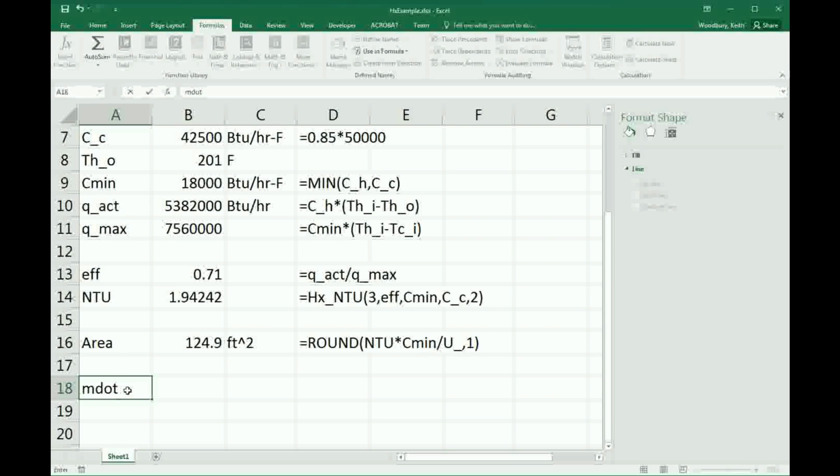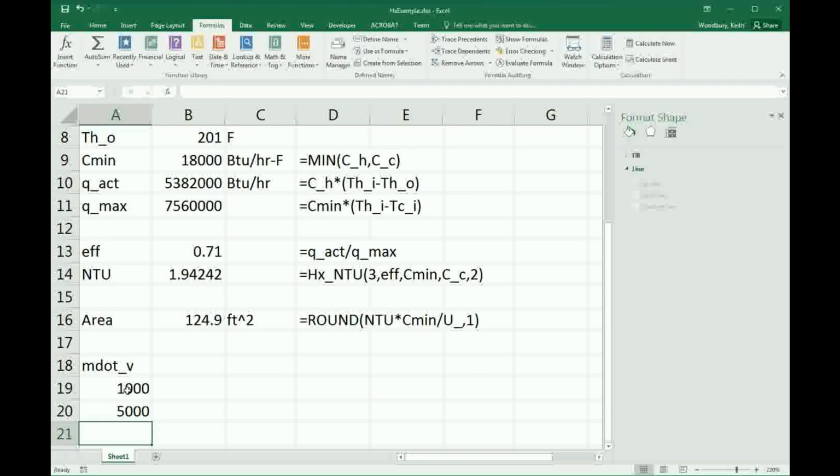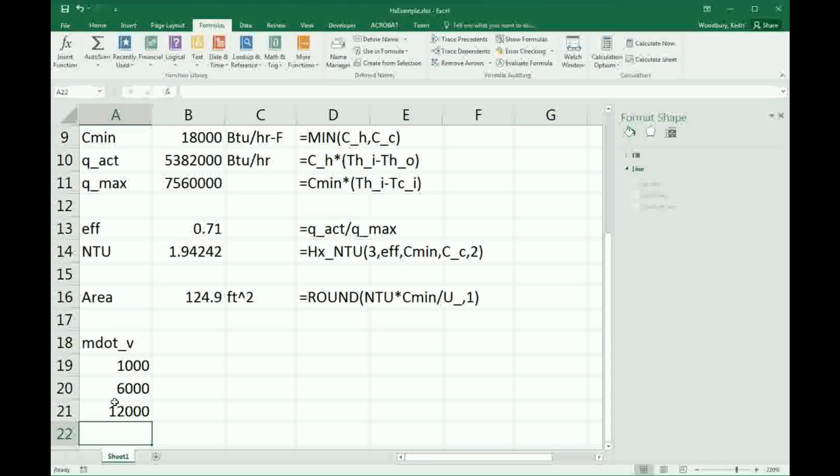I'm going to set up a variation. It says he wants us to go down to 0. I don't know if we can do that. I'm going to go 1,000, 5,000, well, maybe 6,000, and then 12,000. I don't know. That doesn't give us very many points, does it?